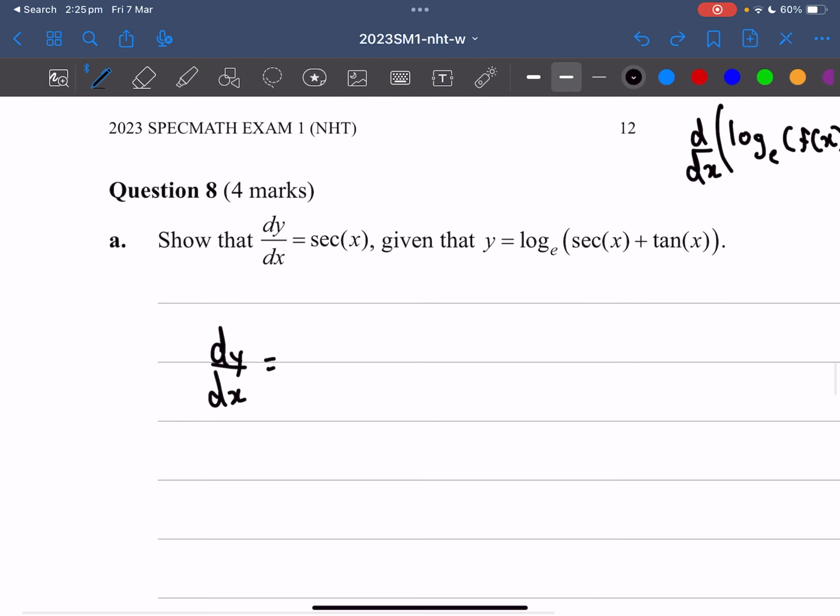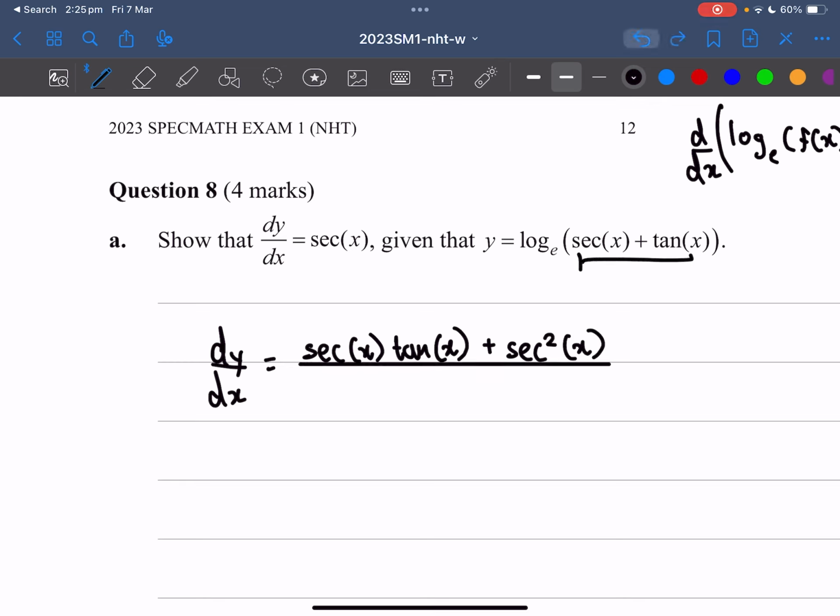So we will have secant x times tangent of x, since differentiating secant gives secant x times tangent of x. That is just from my memory, plus differentiating tan x is going to be sec squared of x, divided by whatever is in the bracket over here. So secant of x plus tangent of x.